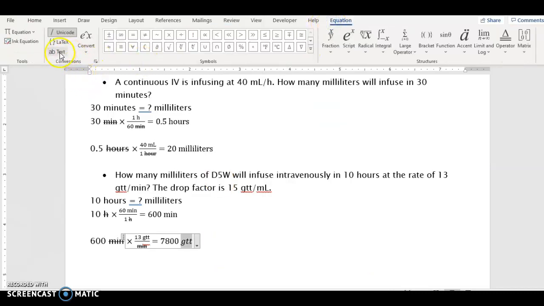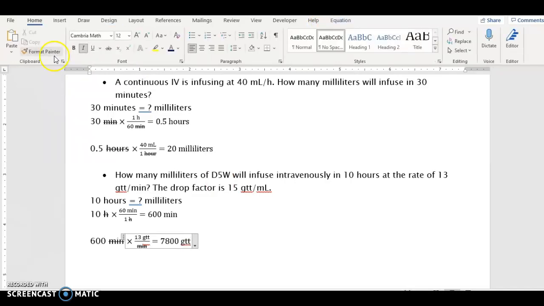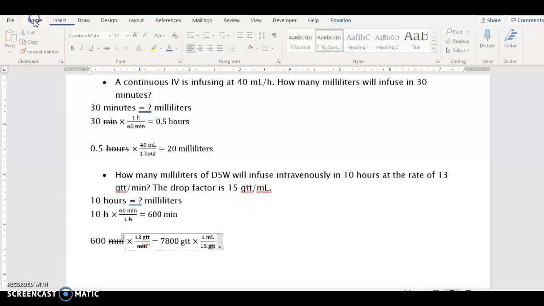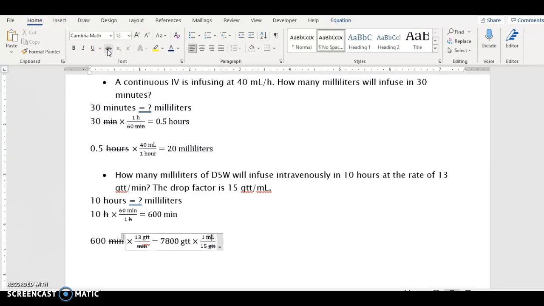But we want the answer in milliliters. We want the volume in milliliters. So we're going to take that 7,800 drops, and knowing that there are 15 drops per milliliter, we're going to invert that so that the 1 milliliter is on top. Per milliliter means per 1 milliliter. So the milliliters are on top and the 15 drops are in the denominator of that fraction, so that we cancel out the units of drops in the process.